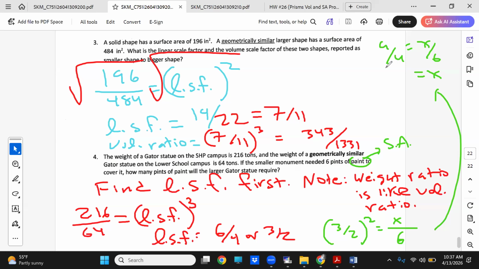So it'll be 54/4, which I think is 13.5. And that will be how many pints of paint I need.